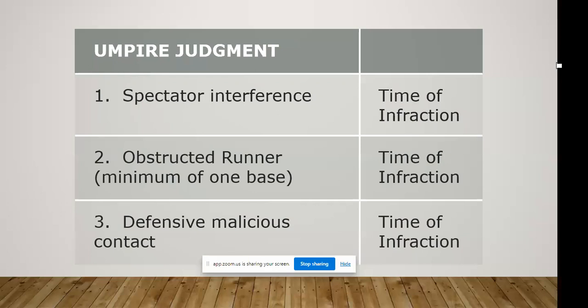If you think the farthest that guy on first base was going to get is third, then that batter runner is only going to get second base. You never award it based on, well, that guy on second would have gotten to third, so I'm giving the other guy first. No, it's based on that front runner, our best judgment.